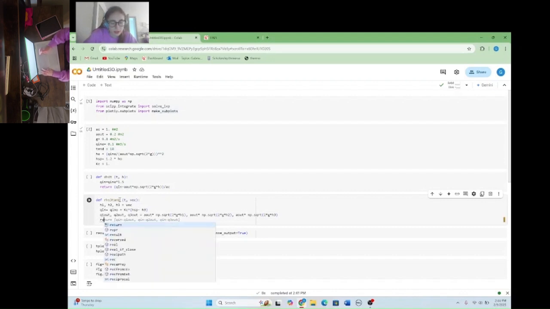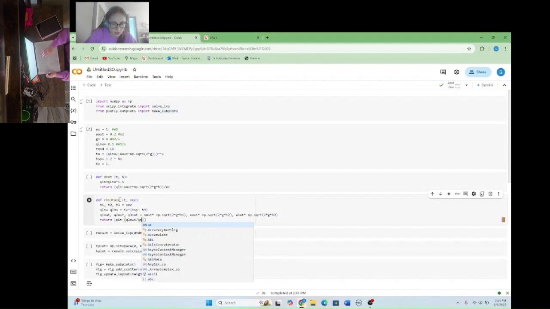So what we need to do next is just return the function, right? So the function is going to be brackets: Q in minus, I'm going to put this in parentheses, Q1 out, divided by AC.